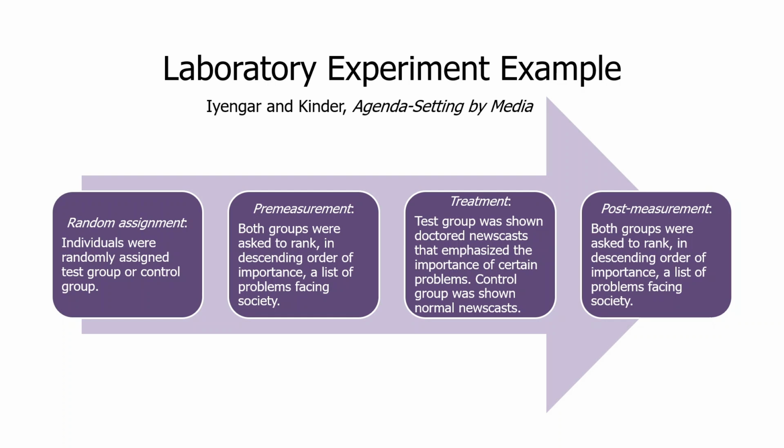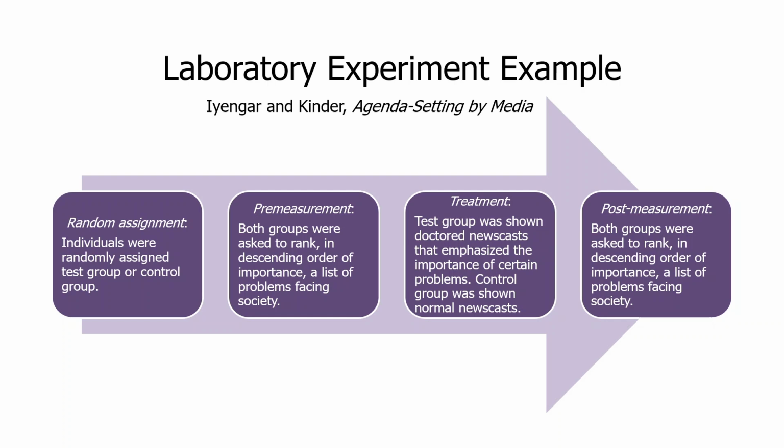It would seem like a straightforward comparison here. Ask a large number of people how closely they follow media coverage. Based on this information, divide them into two groups: those who follow the media, the test group, and those who pay less attention to the media coverage, the control group. Then you present a list of political issues to both groups and ask participants to rank the issues in descending order of importance.